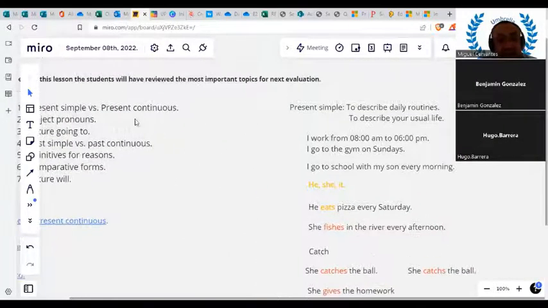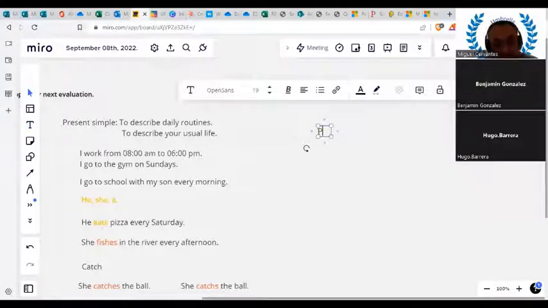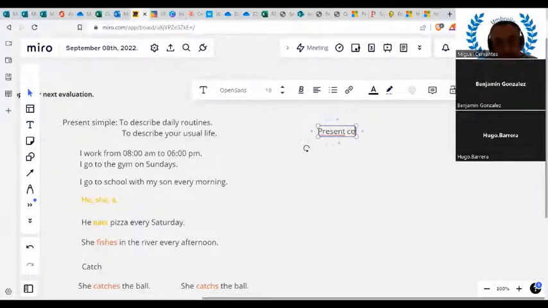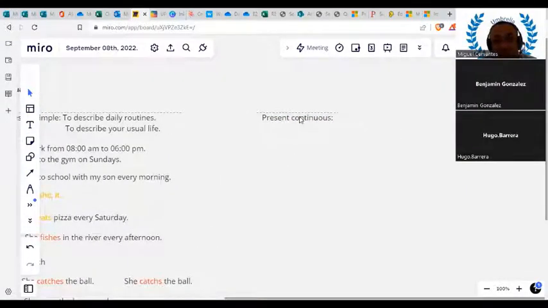Now look at this, present continuous. Let's see, Hugo, do you remember when to use present continuous? What is the use for present continuous?